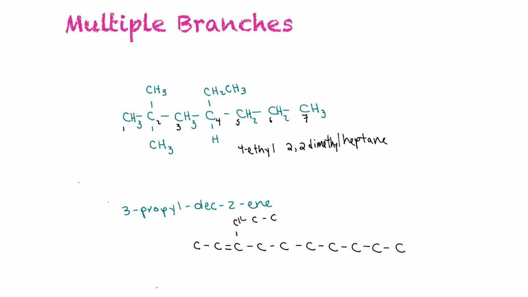You can draw it whichever way you wish. I'm going to do it like that so I can make it fit. And now we just fill in the carbon. So CH3, CH, and that one has the branch. So CH2, CH2, CH2, CH2, CH2, CH2, and CH3. So that would be 3-propyl-dec-2-ene, sorry.